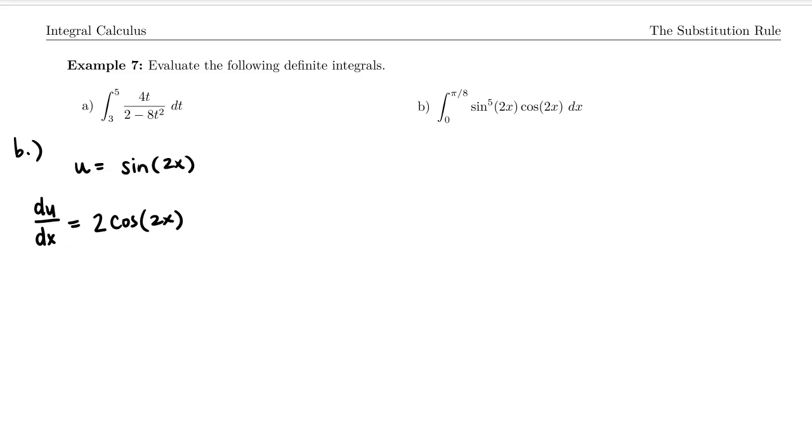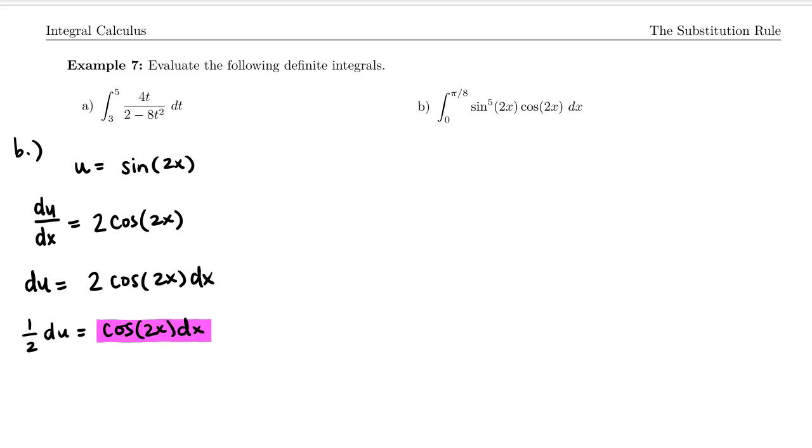So I would take the derivative of the inside, which is 2, and we end up getting that du is equal to 2 times cosine of 2x dx. And notice that if I divide both sides by 2, cosine of 2x times dx does show up in my original integral. So I'm going to be able to replace that with 1/2 du.